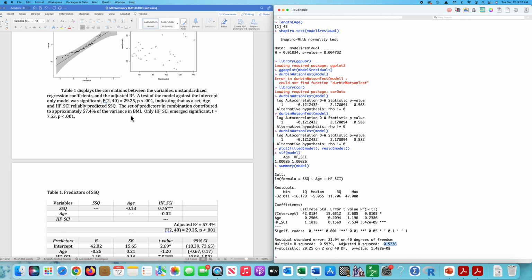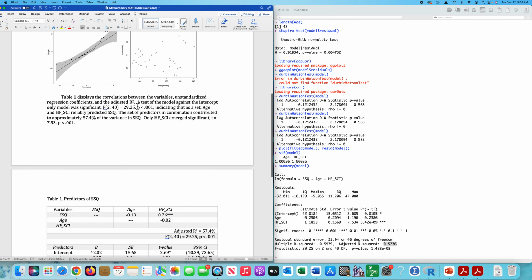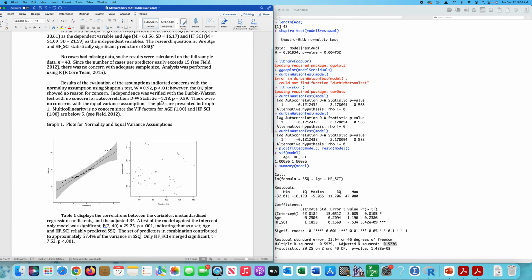So I report that to the reader. That shouldn't be BMI. What in the world? That should be SSQ. Sometimes I copy paste things from previous documents, and I didn't do it well there, did I?